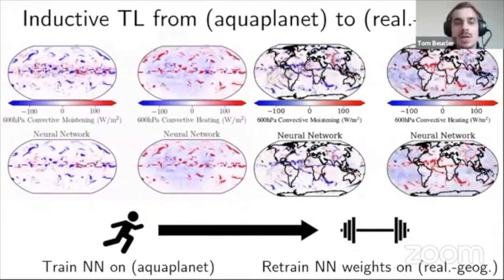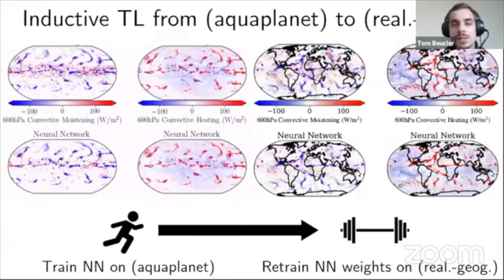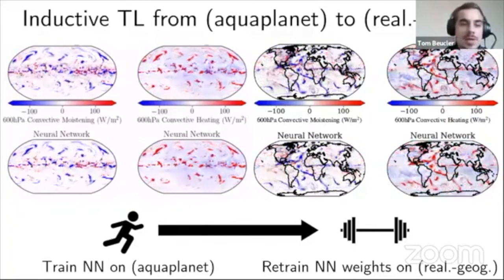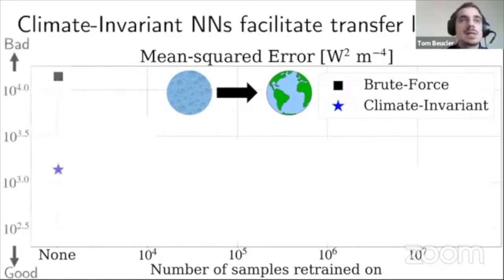We can recreate that idea, and we have a numerical laboratory for that idea where we oscillate between aquaplanet, ocean world simulation, and real geography simulation. What we can see is that as we transfer from an ocean world to a real geography world, and look at the performance of the climate models on the y-axis, even with no data, the climate invariant neural network is significantly better at guessing the different regimes.